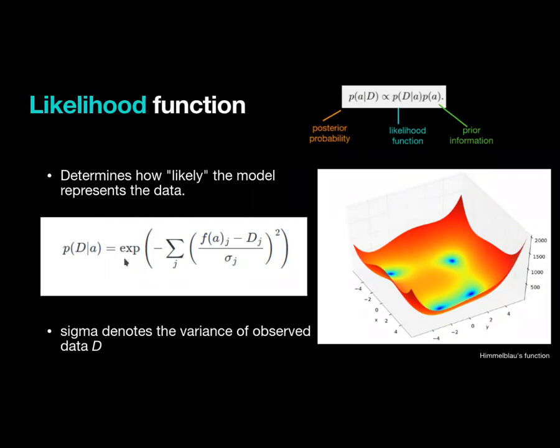So you need to construct a likelihood function such that the product is normalizable, so the integral is always one. This is something we have learned in statistical mechanics, like the partition function. It is similar to it. Essentially, you can think of it in parameter space as a Gaussian in local spaces. Around this minima, wherever f_j is equal to D_j, you can approximate it to be a Gaussian.